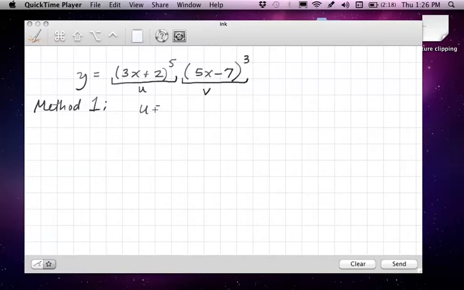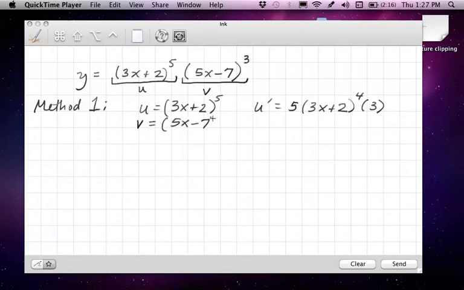So u is 3x plus 2 to the 5th, and then u prime is 5 times 3x plus 2 to the 4th times the derivative of 3x plus 2, which is 3. So you end up with 15, 3x plus 2 to the 4th, and my v is 5x minus 7 to the 3rd, and v prime is going to be 3 times 5x minus 7 squared times the derivative of 5x minus 7, which is 5.